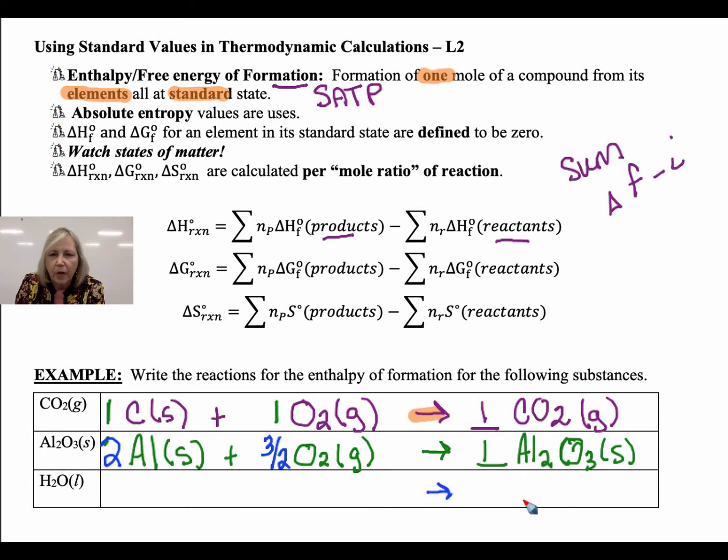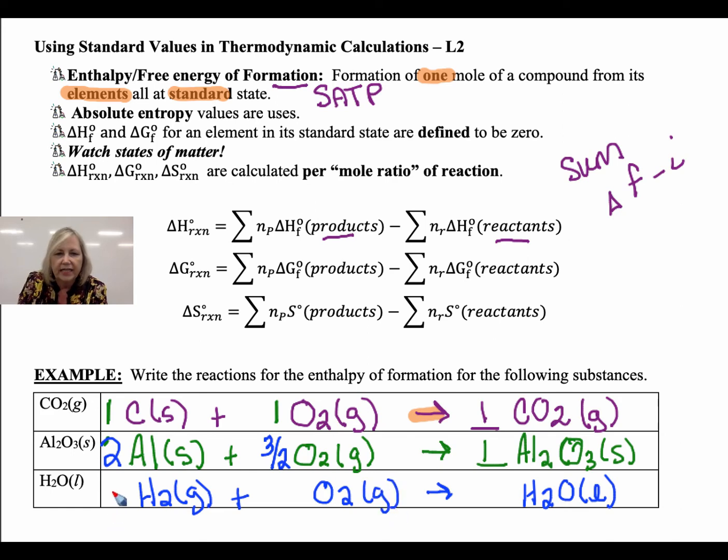Okay, and then I've got water liquid, so H2O liquid, and that's going to be from hydrogen, which is a diatomic gas at standard ambient temperature and pressure, and oxygen, which is a gas. Okay, so I'd need 1 of the hydrogens and 1/2 of the oxygens in order to fulfill all 3 requirements to make 1 mole.